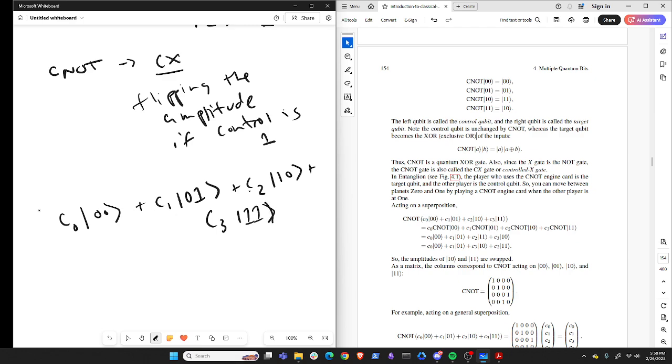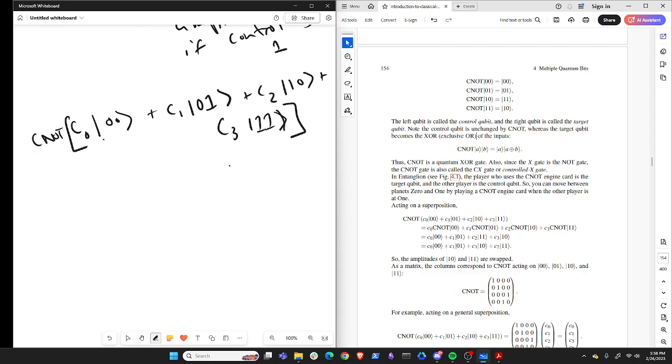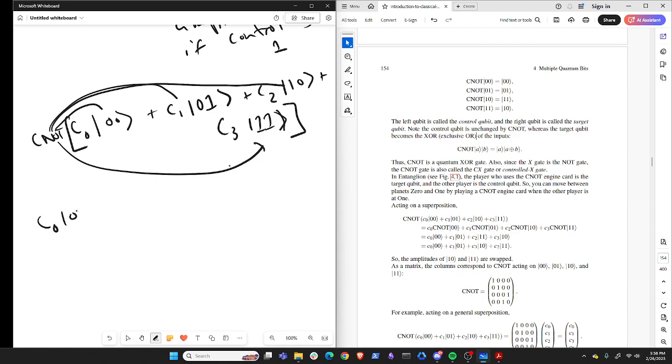If we put a C0 gate onto the superposition, then the C0 distributes through to each of these 2-qubit states. And the result is that we wind up with C0 on 0, 0. So this one's unchanged. The control qubit is 0. C1 is unchanged. The amplitude for state 0, 1 is unchanged.